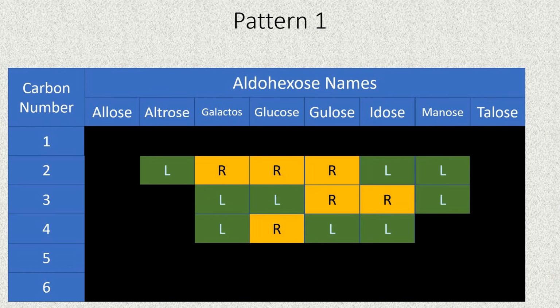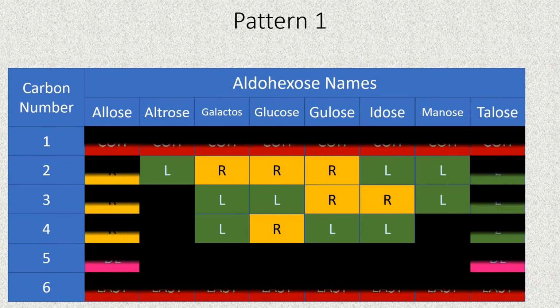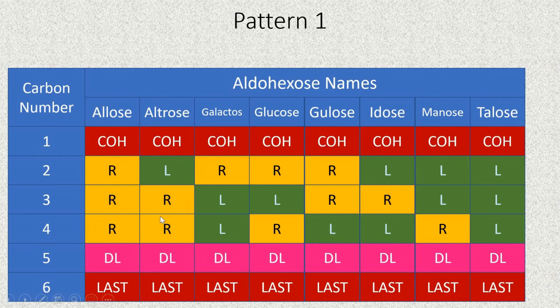Now let me reveal all the other hidden parts of this periodic table. You can see all the remaining blocks will show the hydroxyl groups on the right side. So now the periodic table of aldohexoses is complete. So this was about pattern number 1. So what is the pattern?